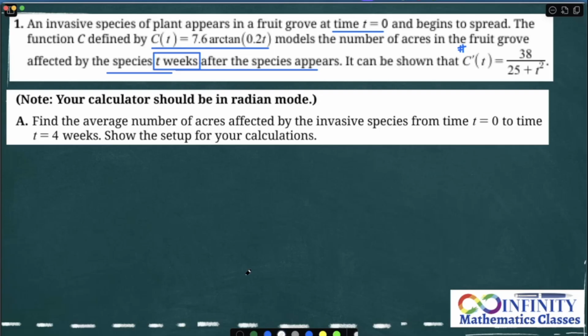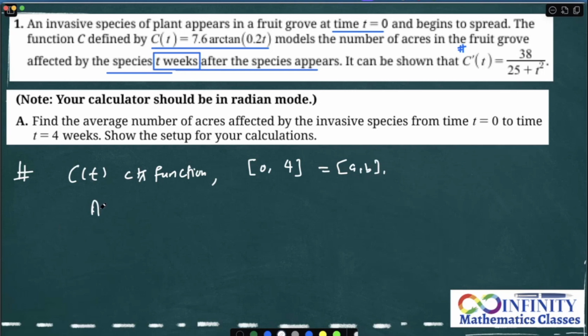The first question is: find the average number of acres affected by the invasive species between time t equals 0 and time t equals 4. So always remember, whenever you have a continuous function like C(t), over the interval, say 0 to 4, you can consider this as a to b.